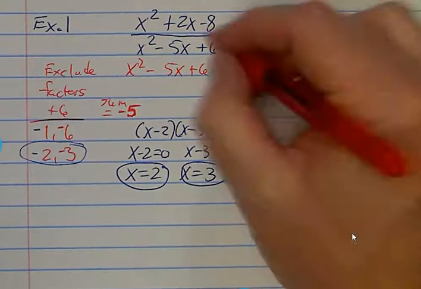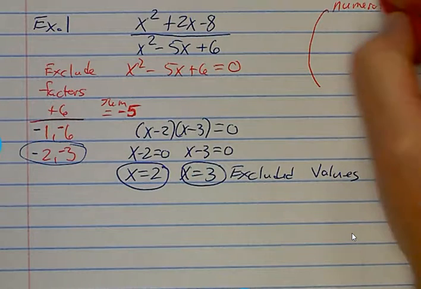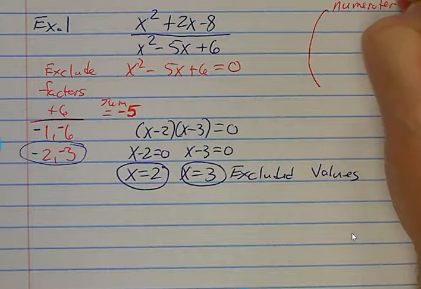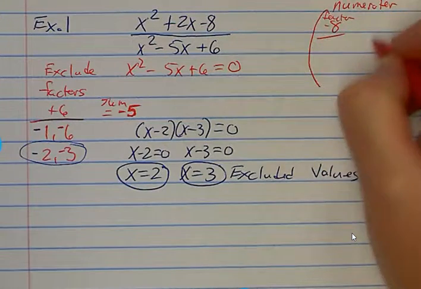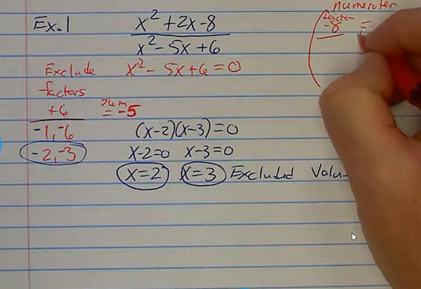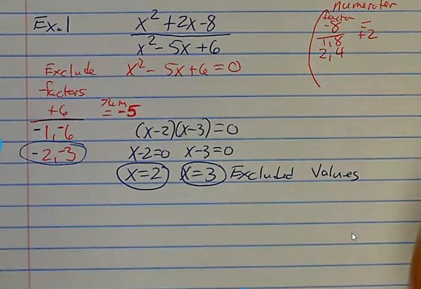For that one, if we factor the numerator, well, the factors of negative 8 where the sum would equal positive 2. It's got to be 2 and 4, right? We know it's not going to be 1 and 8, because that's going to get you either 7 or 9.